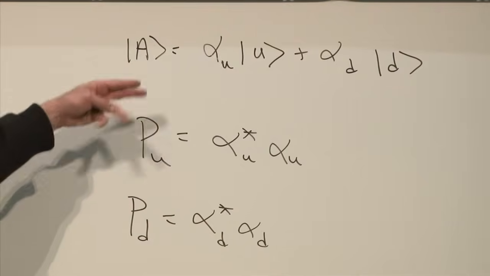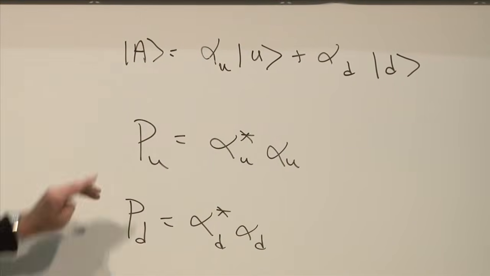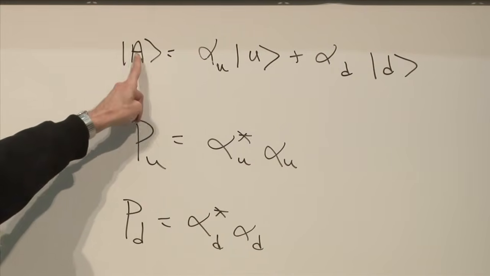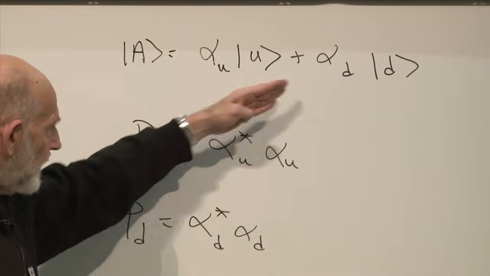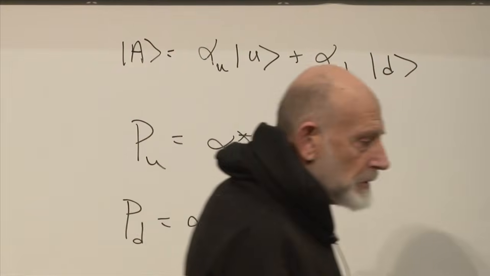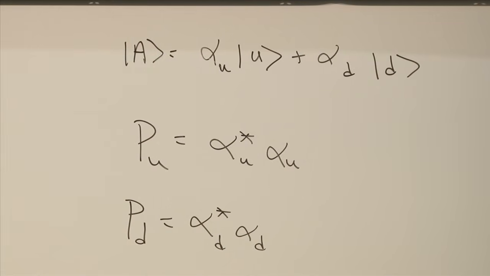In other words, it's basically the square of the coefficient or the square of the component of A in the directions up and down. These alphas are essentially the components of a general vector along the two axes up and down.